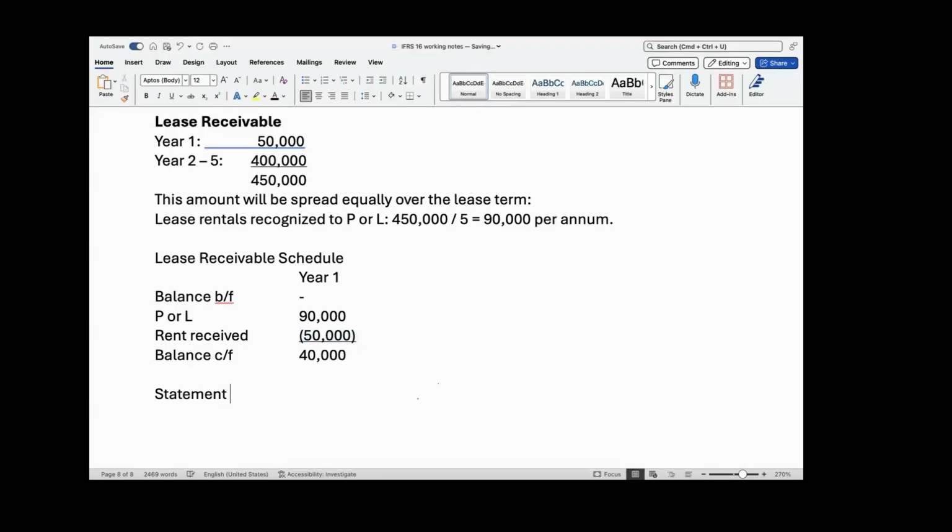So if you are preparing our statement of profit or loss now, in year 1, that means the lease rentals will be 90,000.